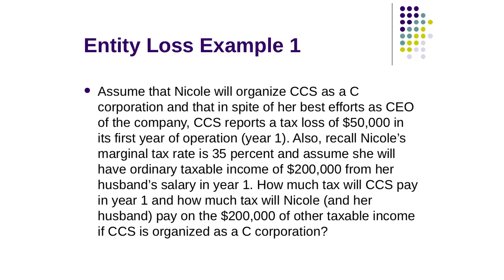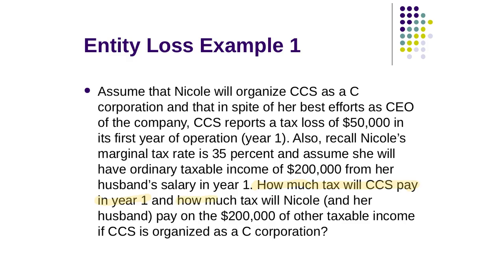Okay. So what I'm going to do, I'm just going to highlight our questions so that way we know what our final questions are that we're supposed to be answering. So how much tax will CCS pay in year one?